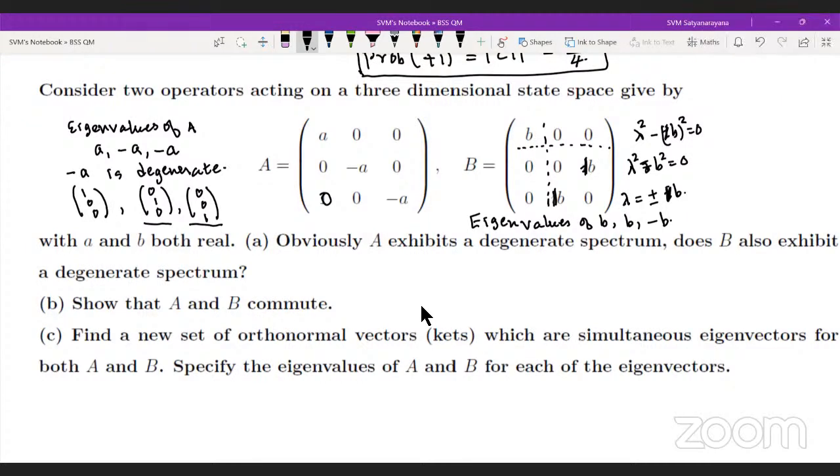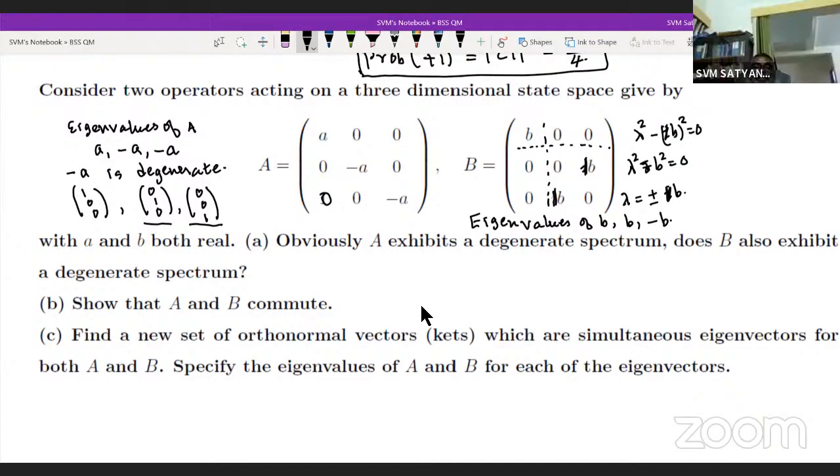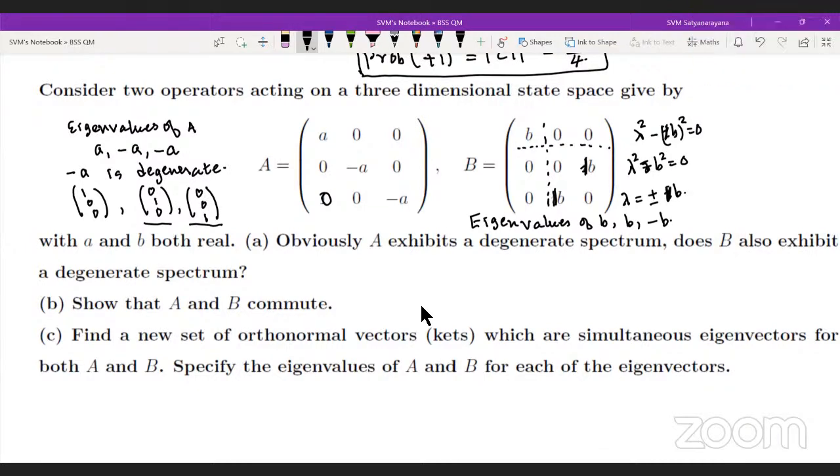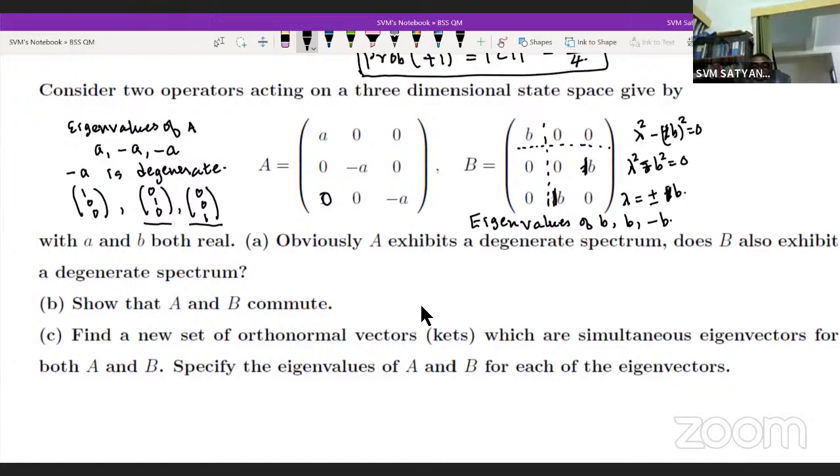Sir, what is wrong with that I? No, if you have I, is this Hermitian? That is what he is asking. Did you check if it is Hermitian? You can take A and B real.